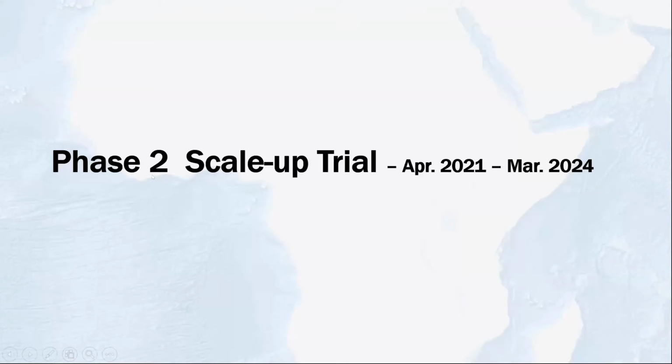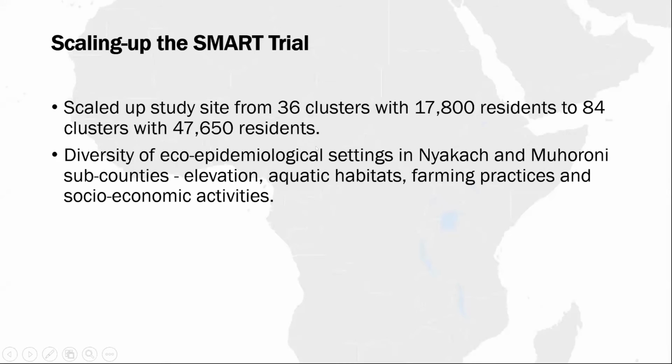And that's how we moved into the second phase of our study in scaling up, which we started in April of 2021, in which we increased the clusters from 36, if you remember, they were in 3 epidemiological zones, to 84 clusters in 7 eco-epidemiological zones.